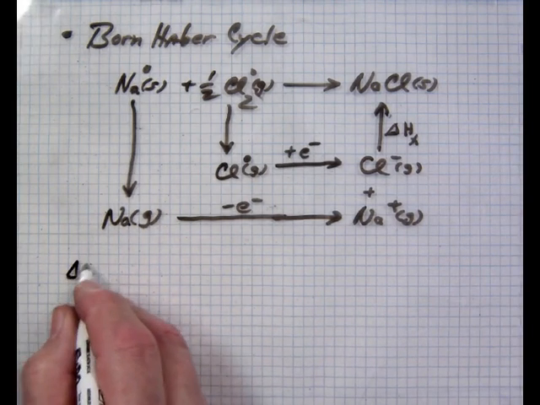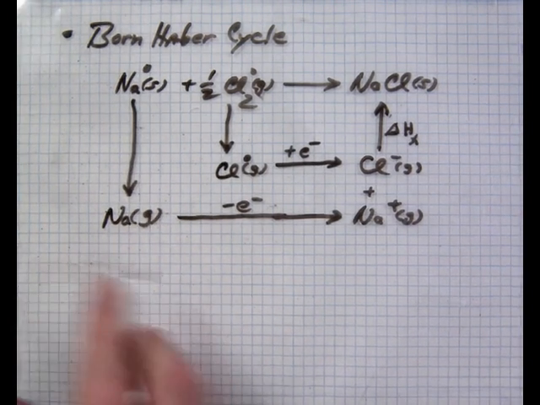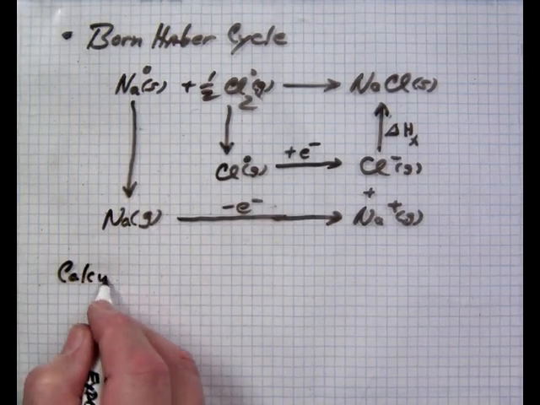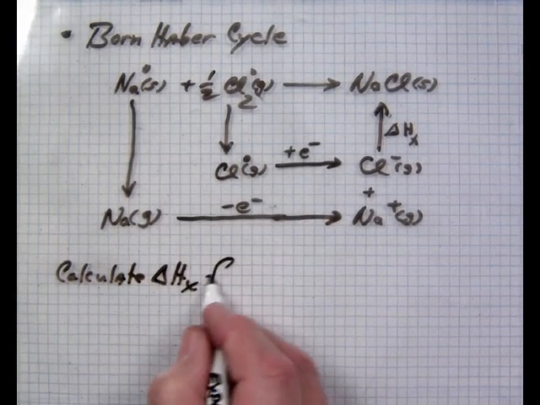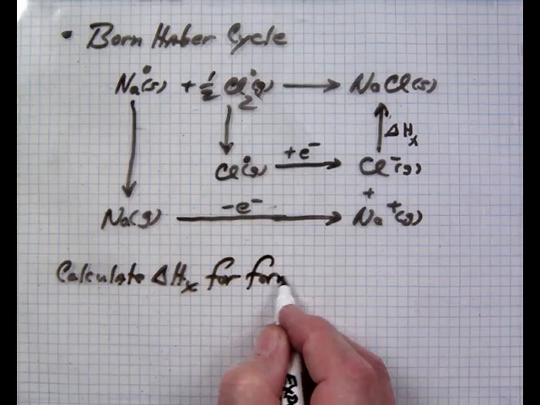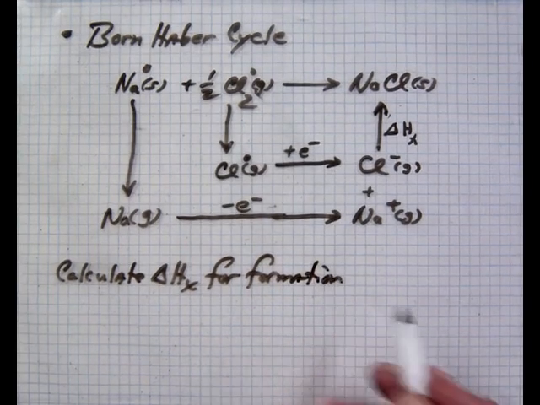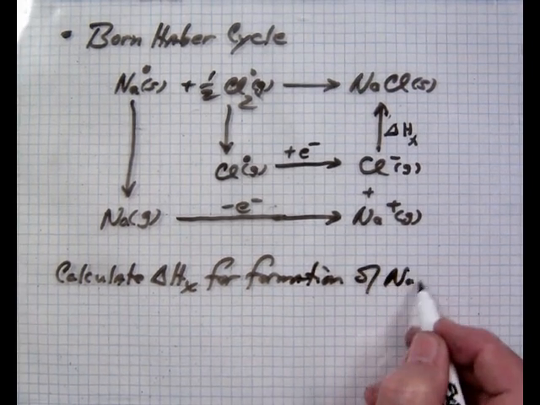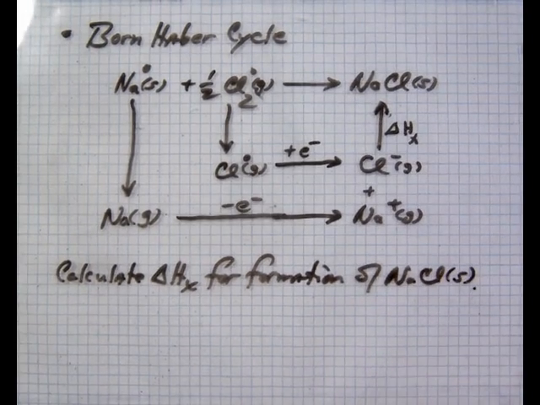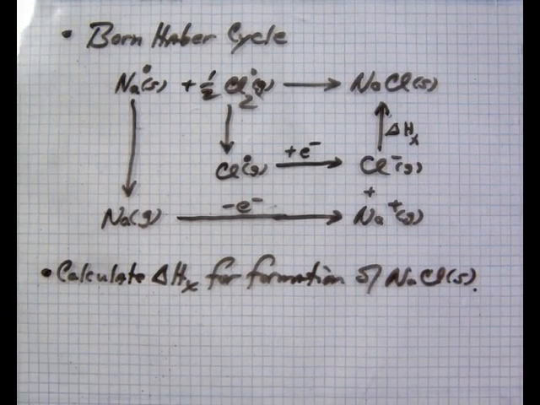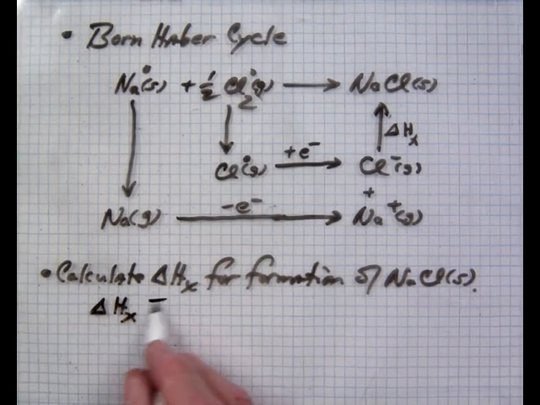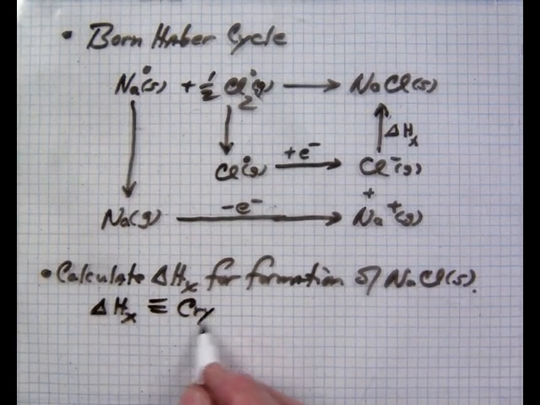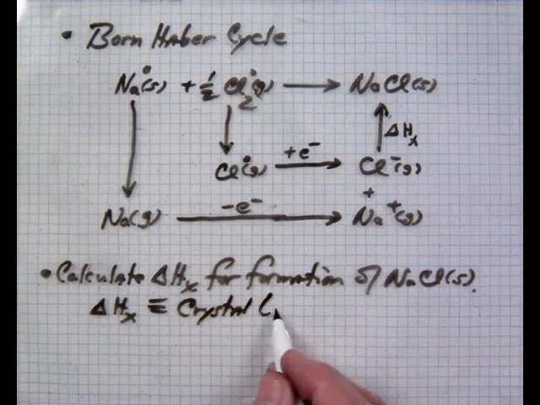So, calculate delta HX for forming NaCl solid using the Born-Haber cycle. Okay, and delta HX is defined as the crystal lattice energy.